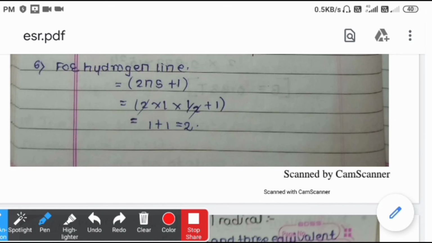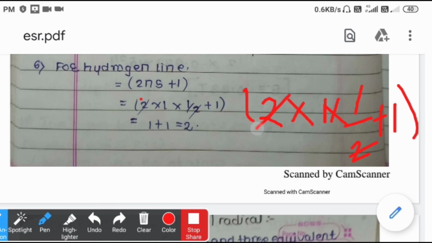So overall, the number of hydrogen atoms is 1, so the formula changes to 2 as it is. The number of hydrogen N value is 1, into the spin value for the nucleus for hydrogen, the proton, which is 1 by 2, plus 1. So these two get cancelled, and finally we get 1 plus 1, which is 2.